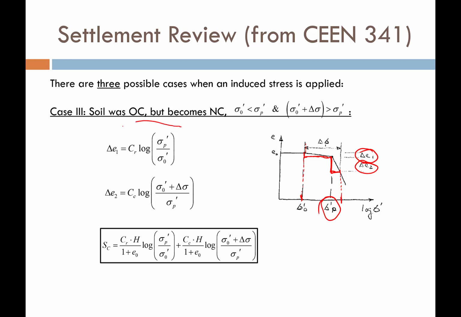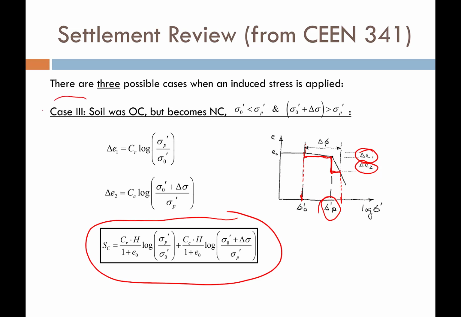The change in void ratio from my over-consolidated portion is computed with that portion of the equation, and the change in void ratio from my normally consolidated portion is computed with this equation. If I combine them, then I get this equation right here, which allows me to compute the settlement of the soil. And this case is what I call case 3. The soil was over-consolidated, but now it becomes normally consolidated after the application of my induced stress.